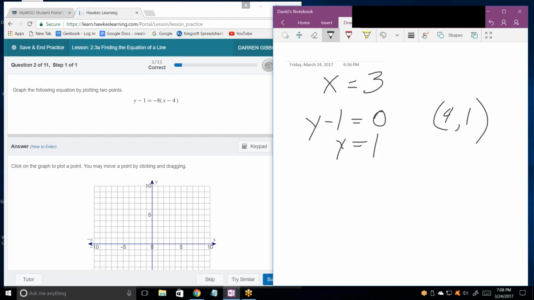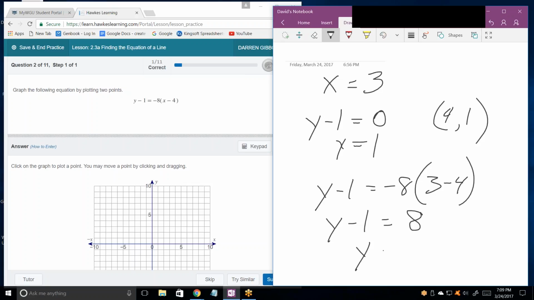And now I get y minus 1 equals minus 8 times 3 minus 4. So I get y minus 1 equals positive 8, which makes y equal 9.